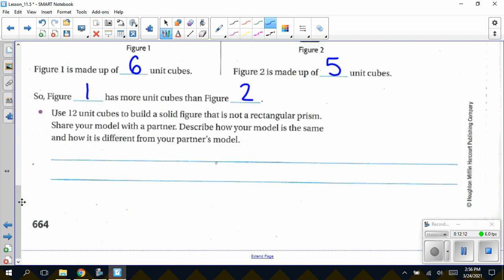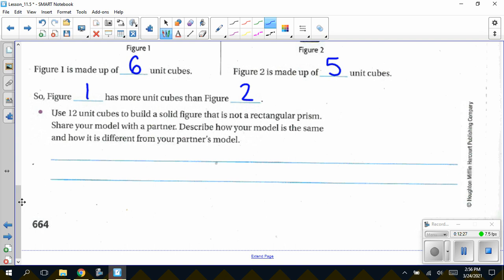Now for this bullet point, it does have us using 12 unit cubes to build a solid figure that is not a rectangular prism. They would ask you to then share your model and then describe how your model is the same and how it is different from your partner's model.